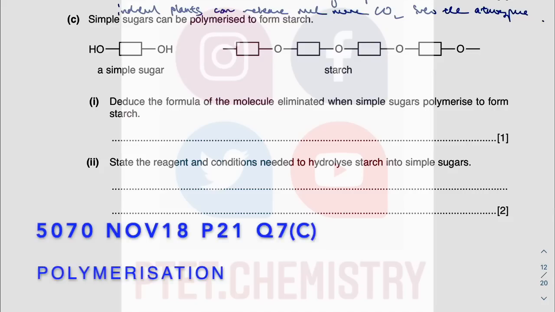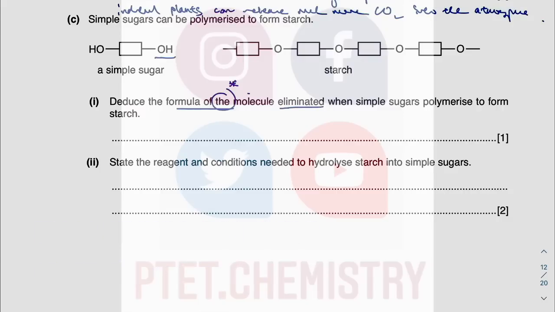Anyway, now you want to deduce the formula of the molecule eliminated. So the idea there is, there's only 1 molecule that's being eliminated when you polymerize simple sugar. This bit you can think of as like alcohol. When you go to form that, it has lost that, but it doesn't exactly lose that. When you have another one of it, it will lose that and that.